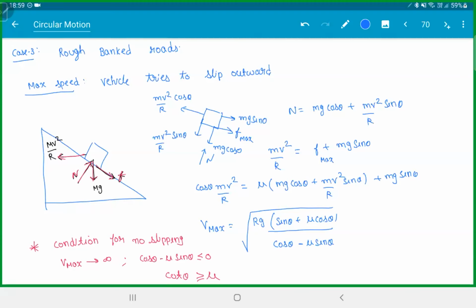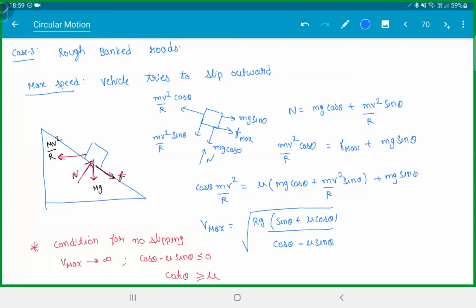Cos theta. I forgot. Yes. I wrote it here. F max plus mg sin theta.